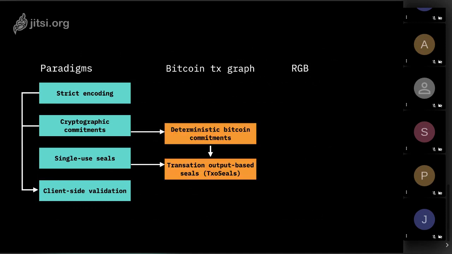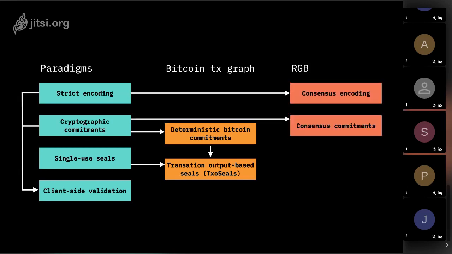With the cryptographic commitments, we create deterministic Bitcoin commitments. So it is the way we commit and embed into Bitcoin transactions and parts of Bitcoin transactions. And using single-use seals applied to the Bitcoin blockchain and deterministic commitments, we build transaction output-based seals. It takes the seals, a case of single-use seals built with the deterministic Bitcoin commitments.